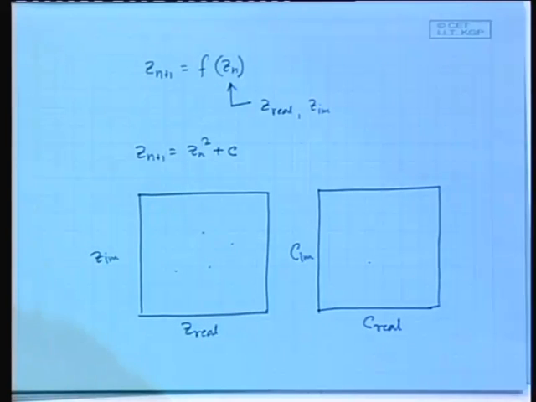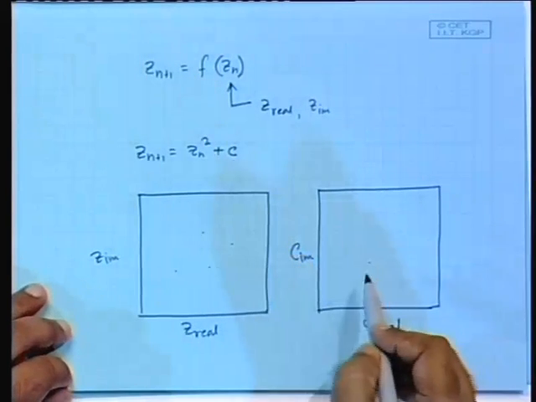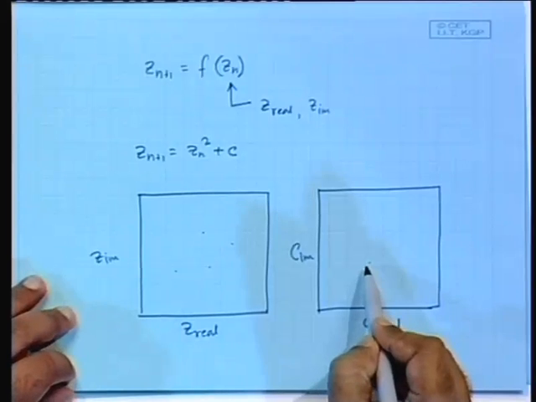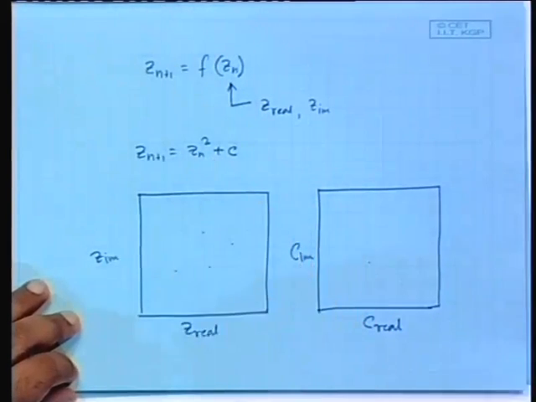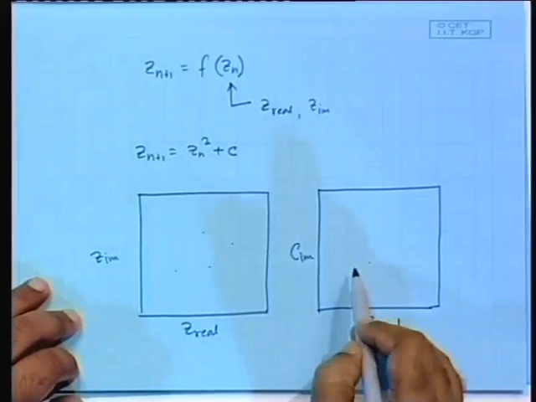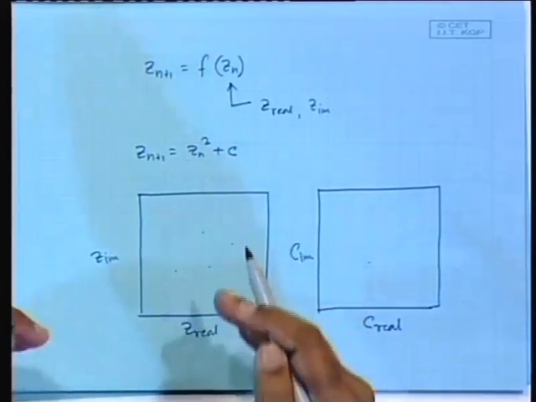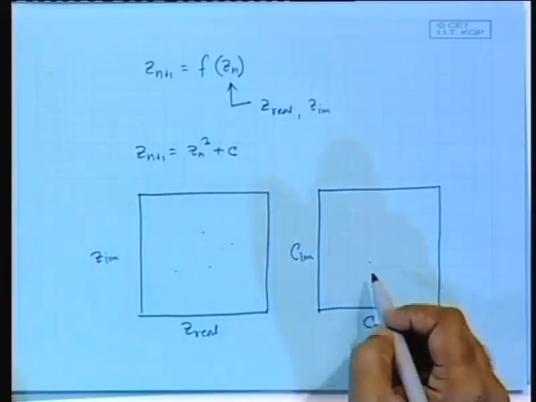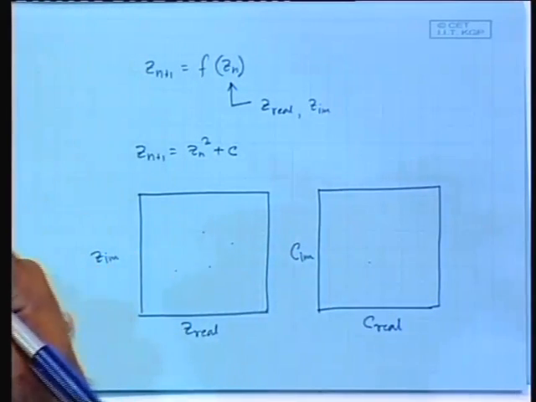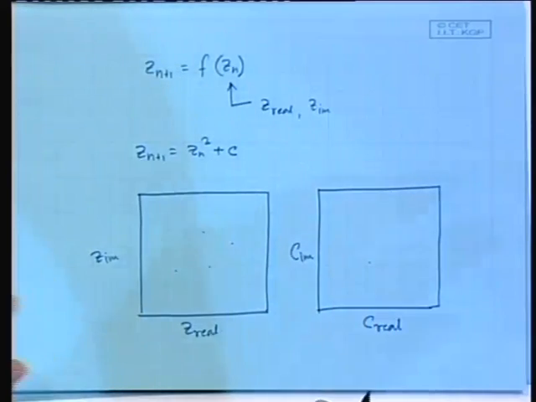What happens is that for some values of C, the iterations go to infinity. For some other values of C, if you go on iterating, they remain bounded. So some values of C take the iterations to infinity, some values of C keep it bounded.